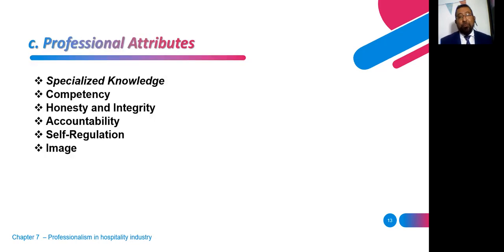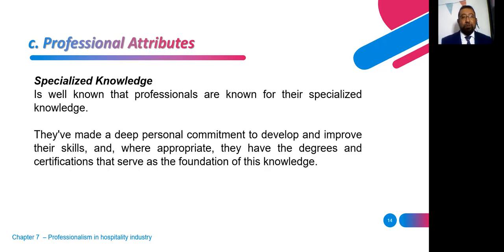Let's find out more. These are the attributes of professionals: specialized knowledge, competency, honesty and integrity, accountability, self-regulation, and image. These are very important attributes for a professional. Let's explore them one by one.